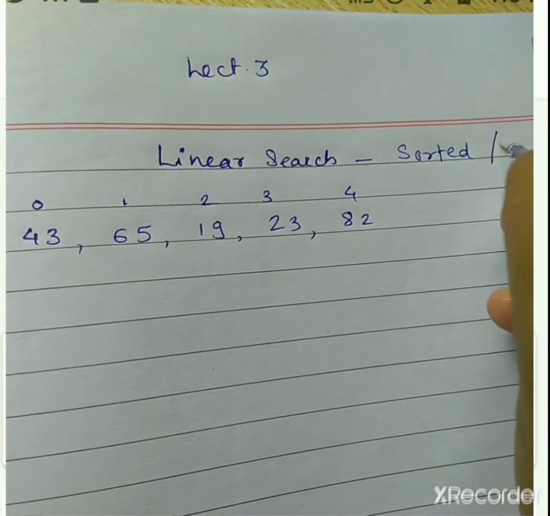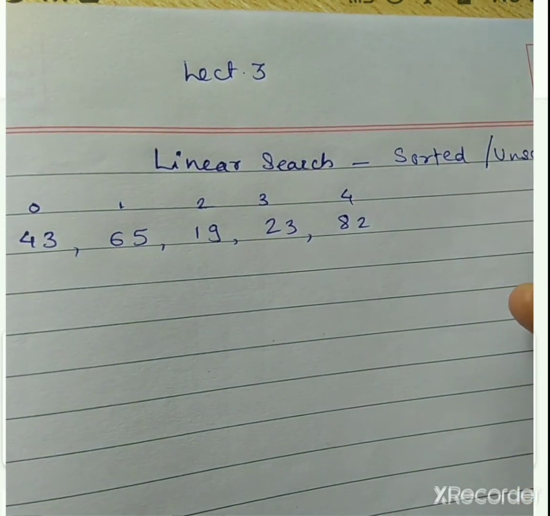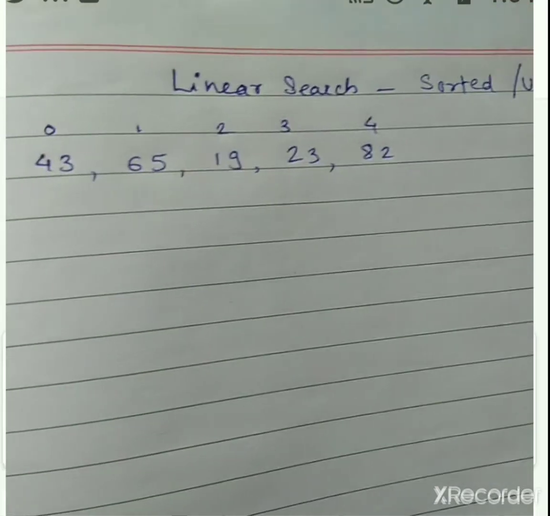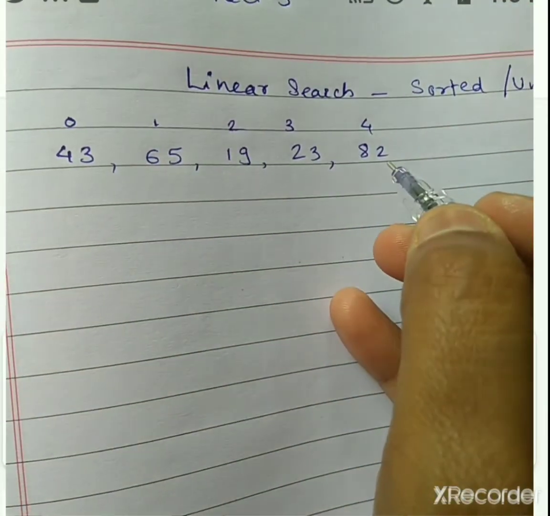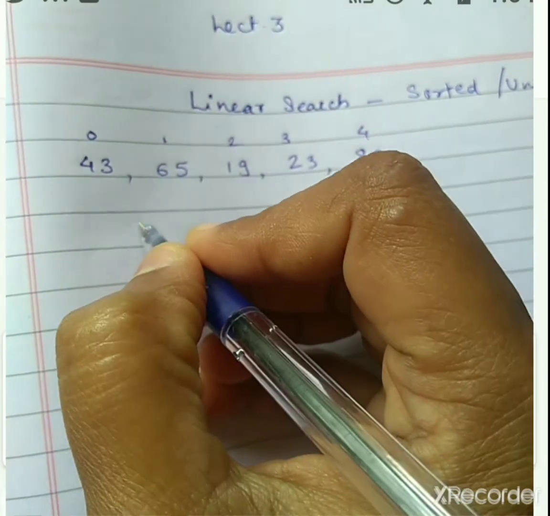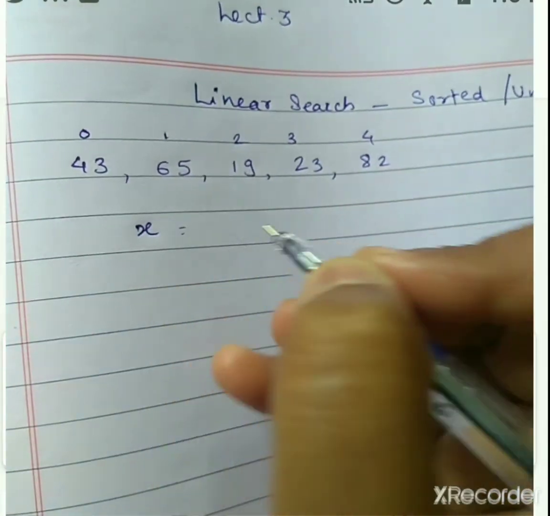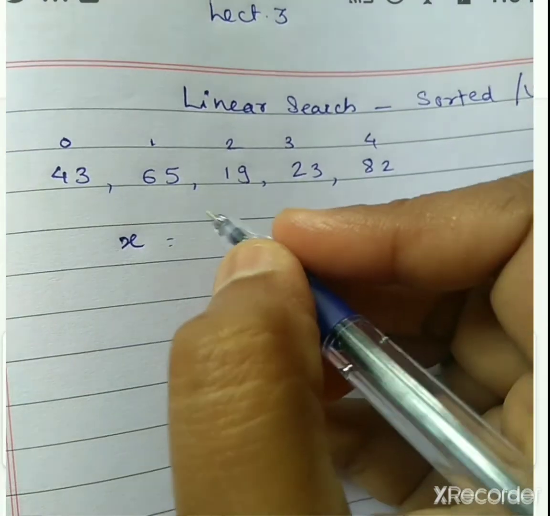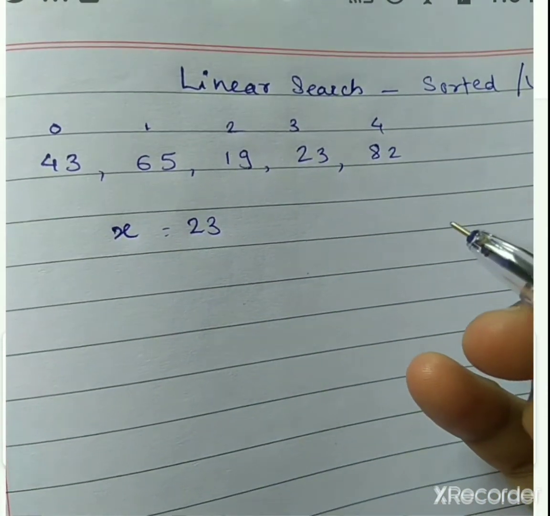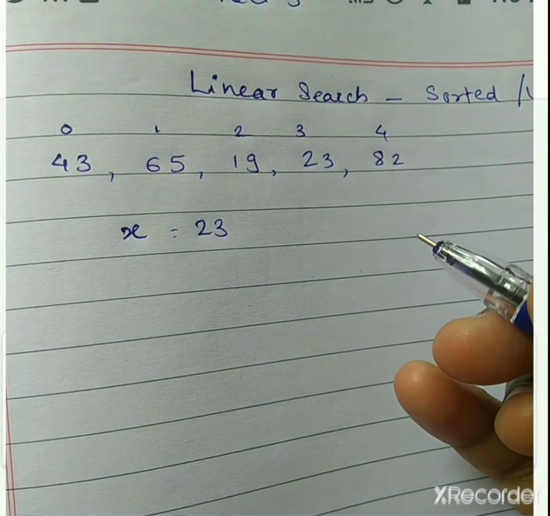This is an unsorted list and it will be okay for the linear search. Now which element do we have to find out? The element to be searched is x, and say x is 23. This element we have to find through this list.